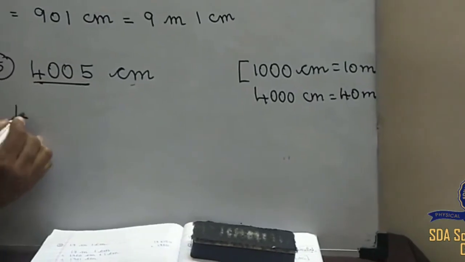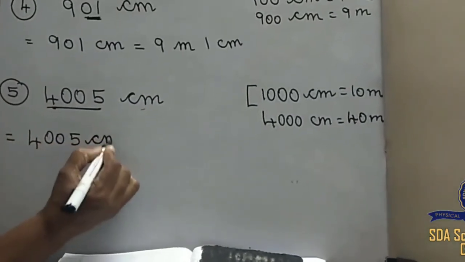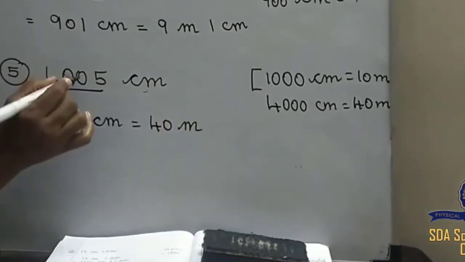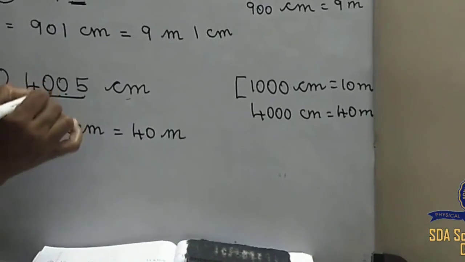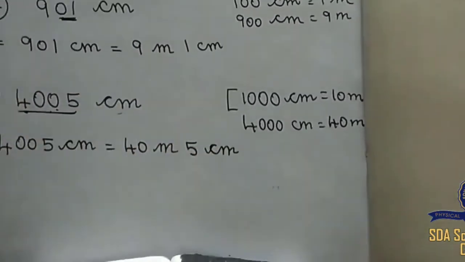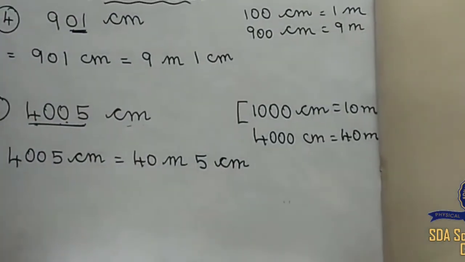So what is the answer, children? 4005 centimeter is equal to 40 meter. And what's the remaining? 05. But 0 has no value, so you can write 5 centimeter. 40 meter, 5 centimeter. Understood, children? Are you thorough?